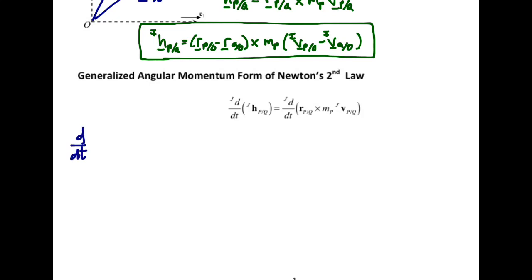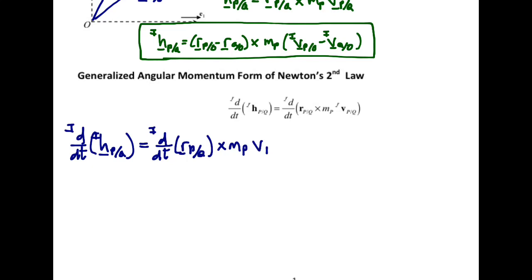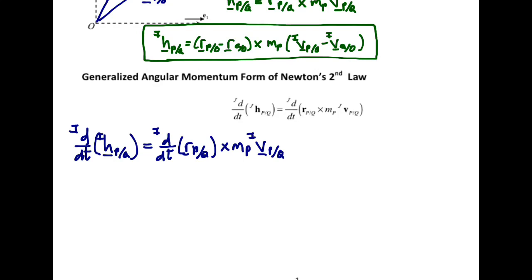So d dt, as observed in the inertial reference frame, of our angular momentum with respect to point Q, as observed in the inertial reference frame. And let's just apply the chain rule here. So we get the time differentiation in the inertial reference frame of r of P with respect to Q, crossed with m P multiplied times our velocity of P with respect to Q as observed in the inertial reference frame.